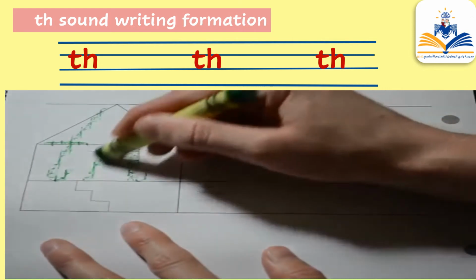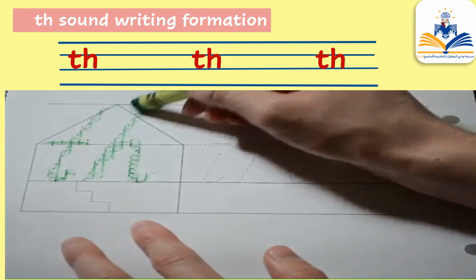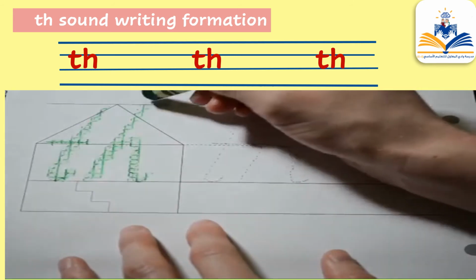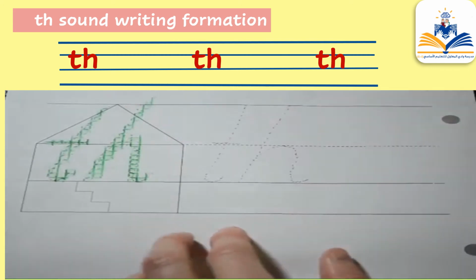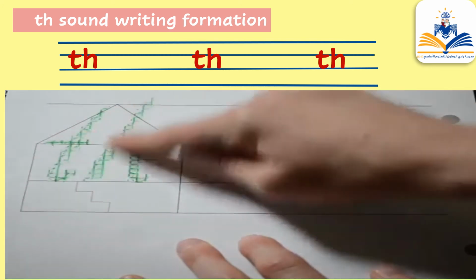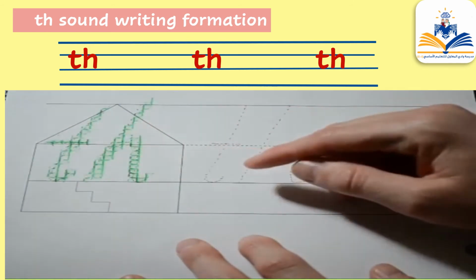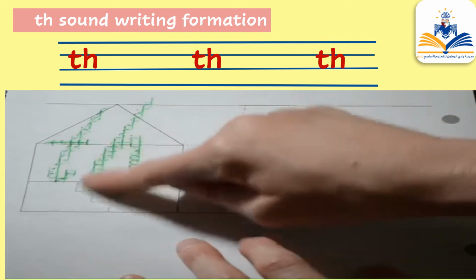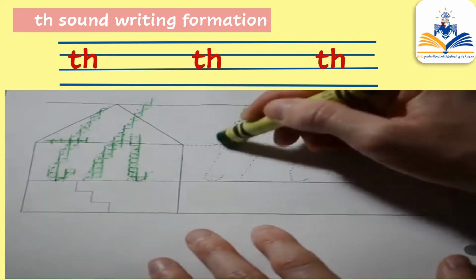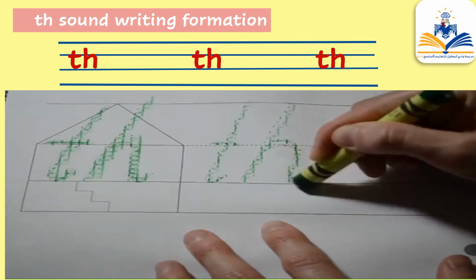T H says V. Trace that with your fingers. T H says V. Let's go ahead and trace TH says V next to the house.